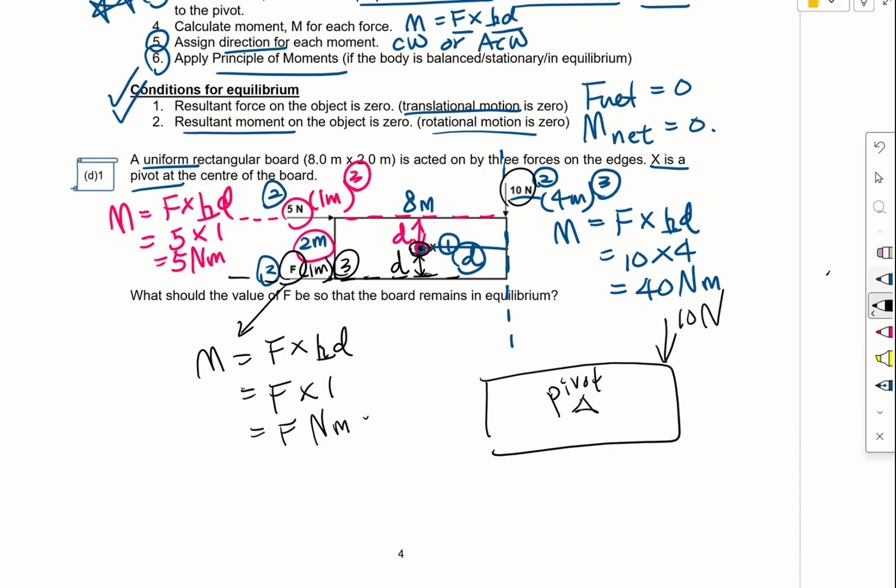And you know that if you hold it in the center and push downwards on the right hand side, it will go clockwise. So this will be clockwise. You apply the same thing to the 5 Newton force. It will then also be clockwise, and F will then be anti-clockwise.